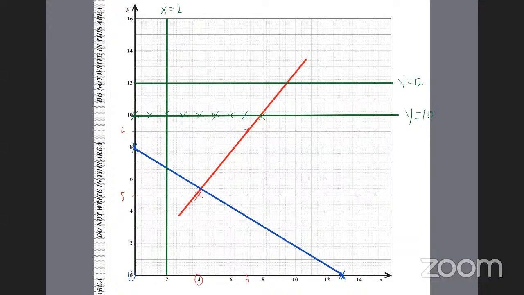Jason have it and Severa have it. On the y-axis. So the y-axis is X equal to 0. Okay? And the x-axis is what? Y equal to 0. Okay? So write that down. The x-axis is Y is equal to 0. And the y-axis is X is equal to 0.